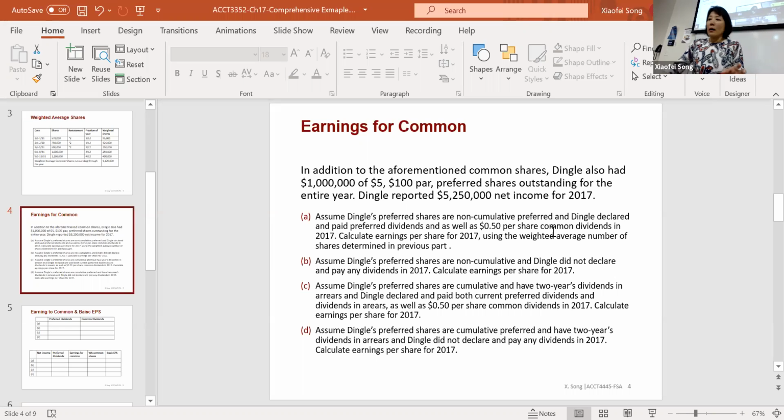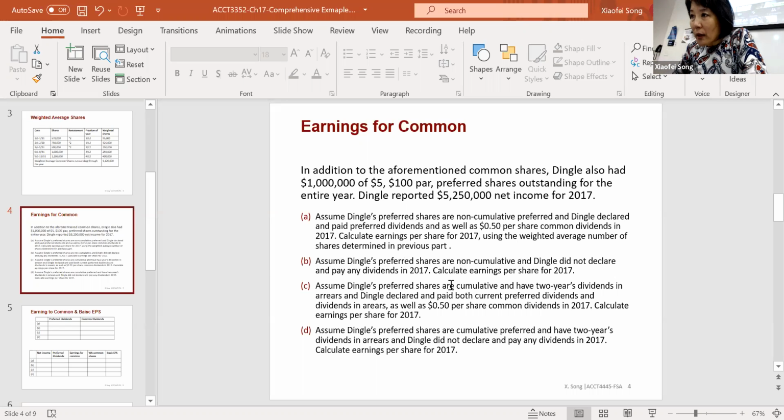Now, calculate basic earnings per share, using the weighted average number of shares determined before. The second situation is preferred shares are non-cumulative, but no dividends are paid.